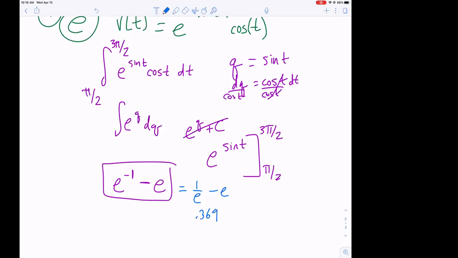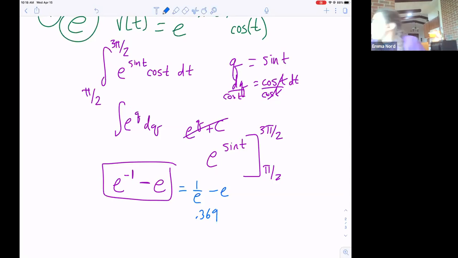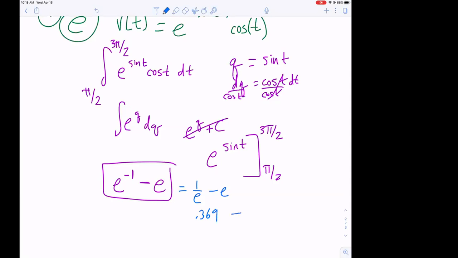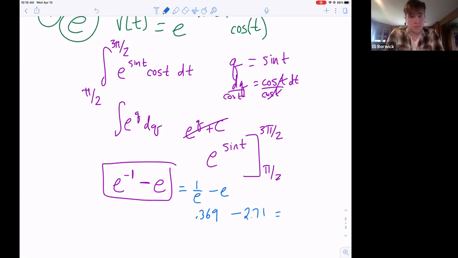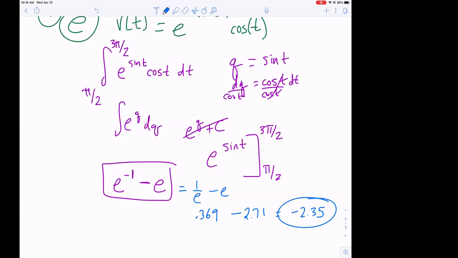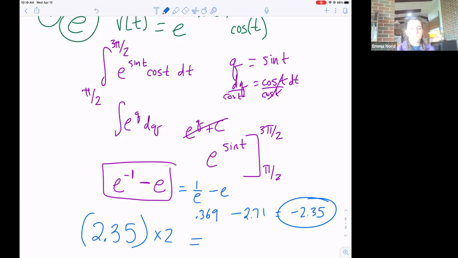So if I take that minus e, I get negative 2.35. So that is the area below. And if we make that positive, so 2.35, and then double it, we're going to get approximately 4.7, right?